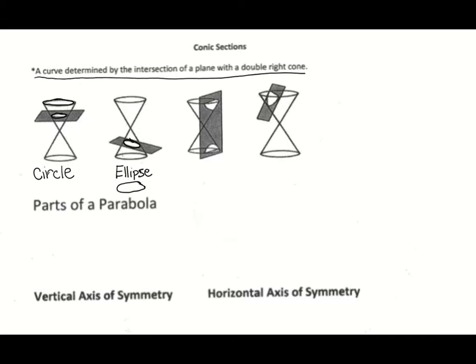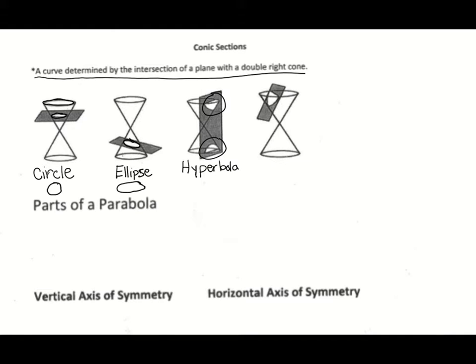Okay. So we have a circle, an ellipse, and our next one is called a hyperbola. Okay, a hyperbola, you notice, our cone is being cut on the top of our shape here and on the bottom.